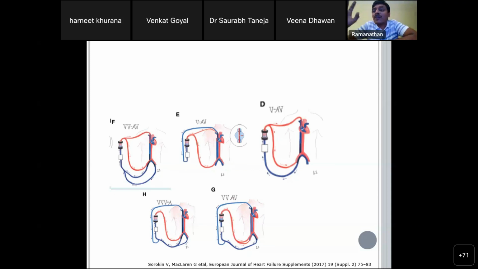Let's say you have a patient for whom you end up needing such a configuration, then you will have to start thinking about it. And I'll also show you towards the end of the talk an interesting case scenario where similar configurations were used, and you can understand the context in which hybrid ECMOs are used in clinical practice.